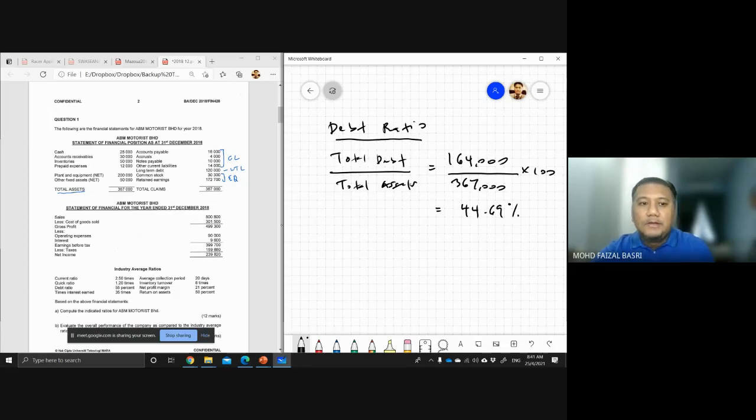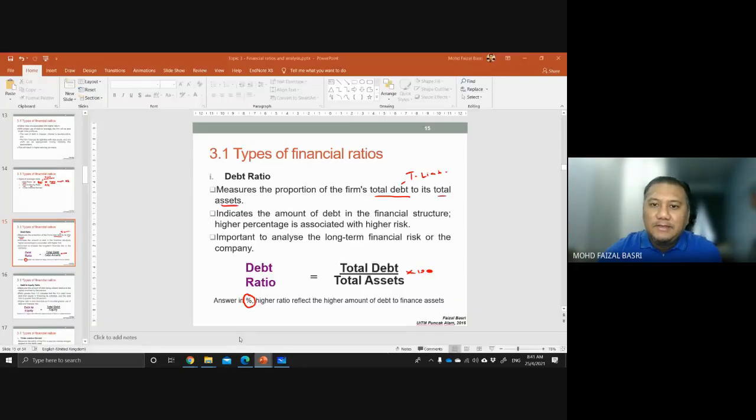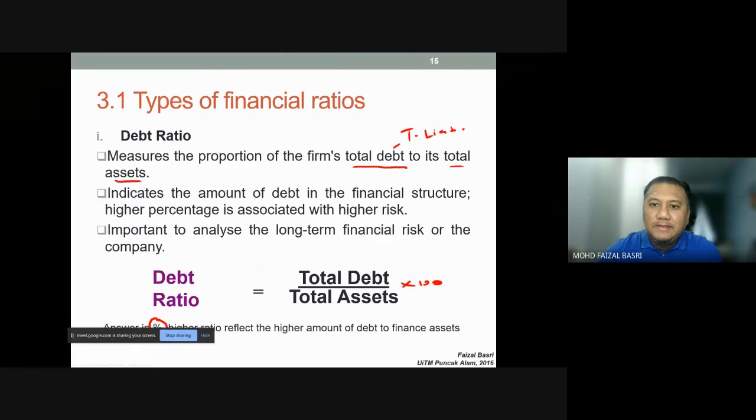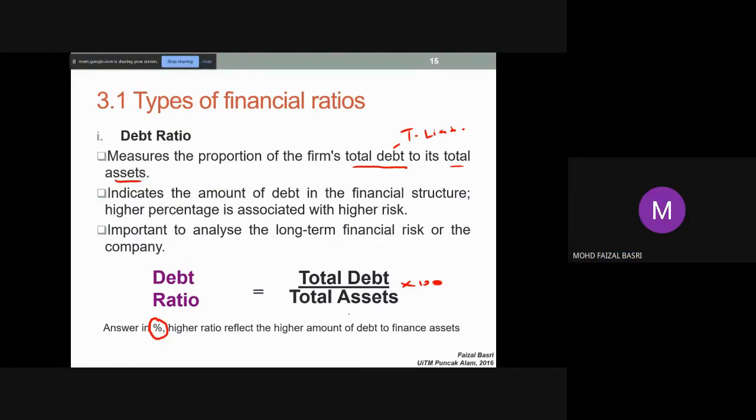As you recall, I said last week in the notes at the very bottom, we have some explanation that we can use. For now the ratio is 44.69%, which is better than the industry average of 55%.